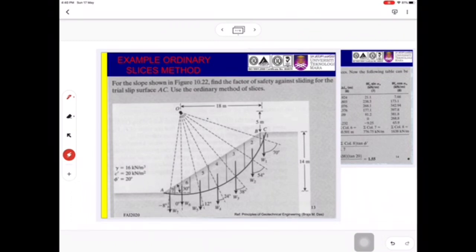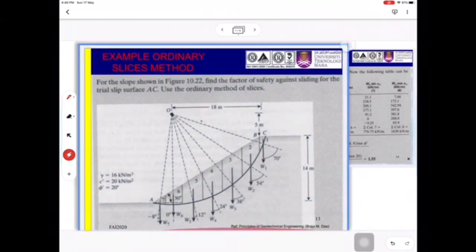The question asks to use the ordinary method of slices, which is also the Fellenius method. It already shows you it is divided into seven slices, starting from here: 1, 2, 3, 4, 5, 6, 7.